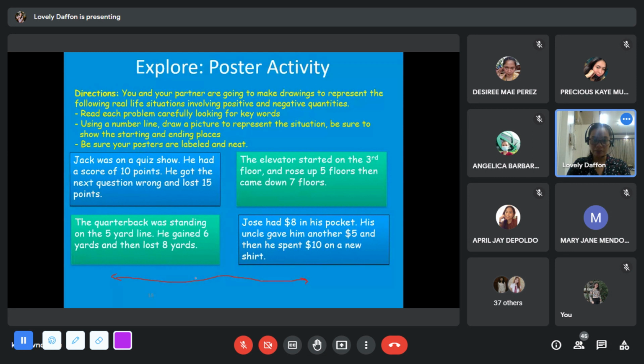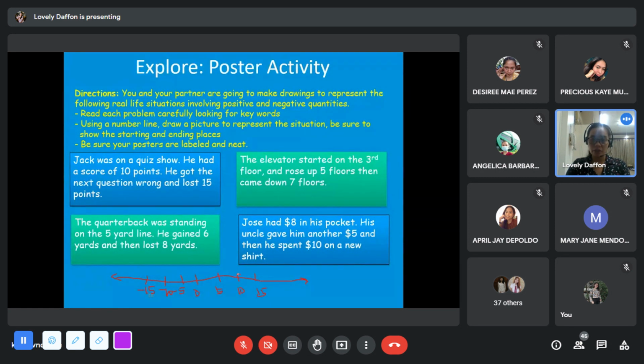We have 0, 5, 10, 15. And on the left side, we have negative 5, negative 10, negative 15.